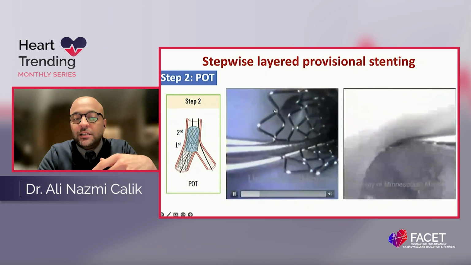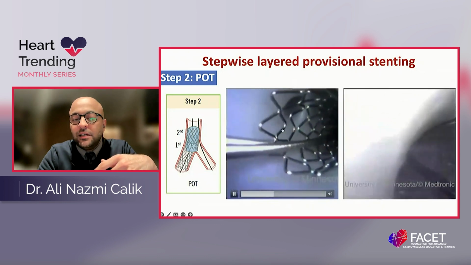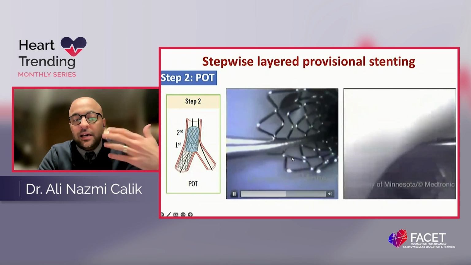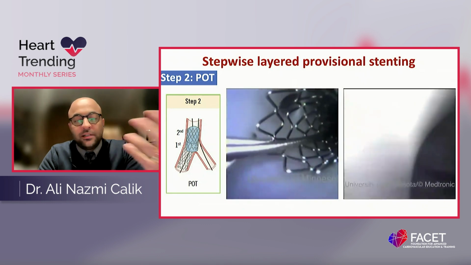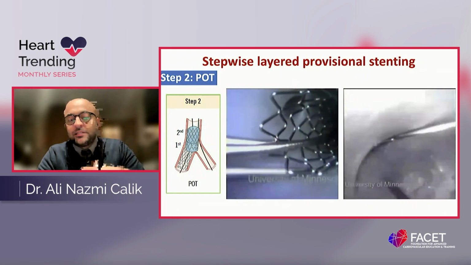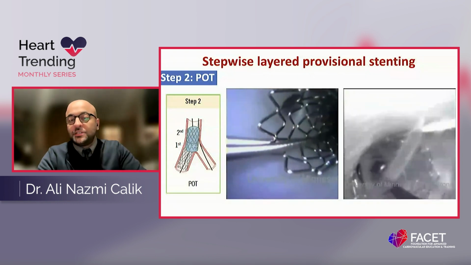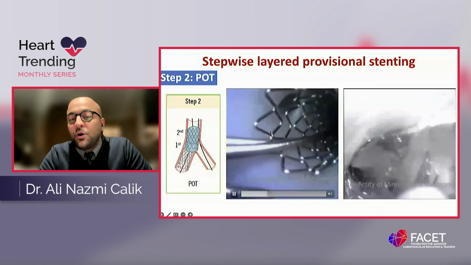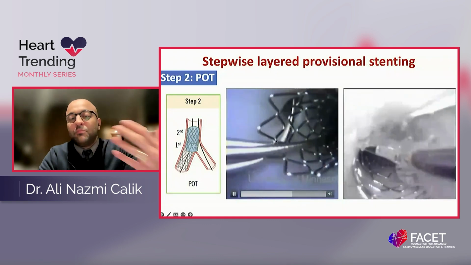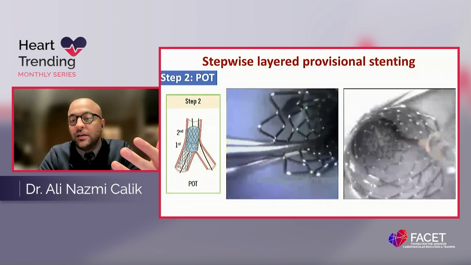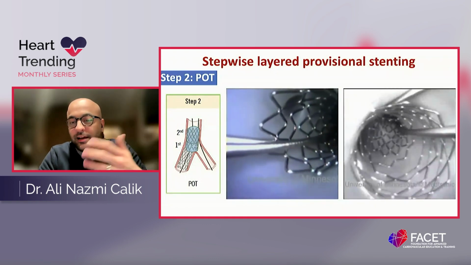As you can see on the left-hand side, if you try to advance a third wire or pull back your second wire just prior to the stent, you can easily go abluminal. So this will probably lead to more and more problems in your cath lab.